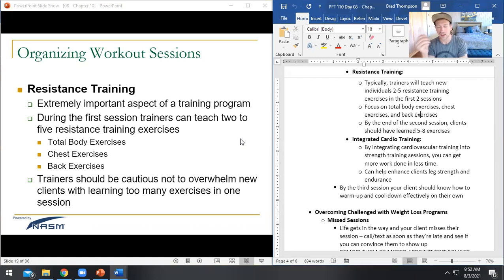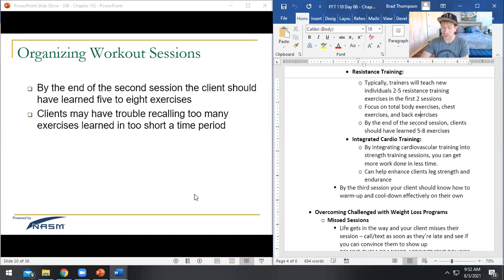Now you may be going, why the heck aren't we doing legs? Well, total body exercises are going to get the legs, and again, with an obese client, we're looking at extreme obesity here. It may be a little too tough, right? So don't overwhelm them. Don't go too heavy on those legs, but do get them involved.